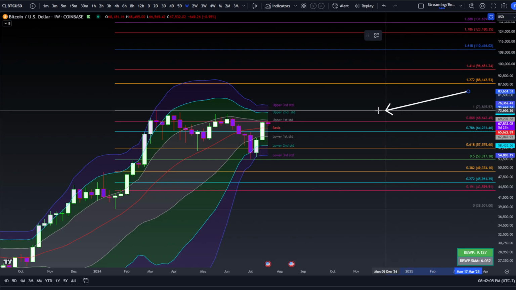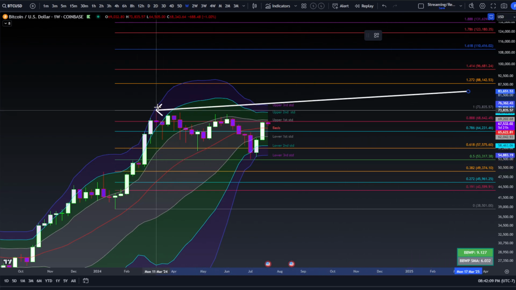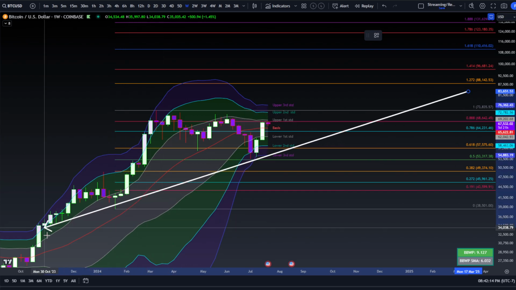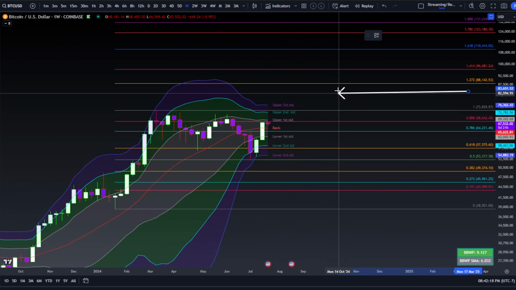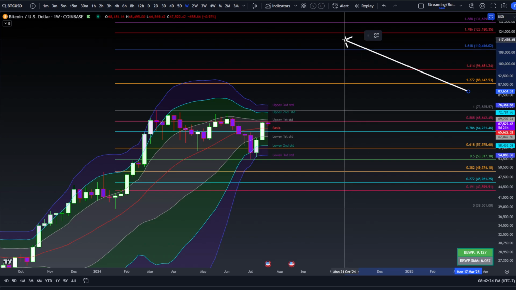All right, so we've got the swing high to swing low. This was a closing high, and then the most recent closing low of the entire structure on the move up before the downtrend. We've got the 1272 coming in at 88, 1414 at 96. We've got the 1618 coming in over 110.